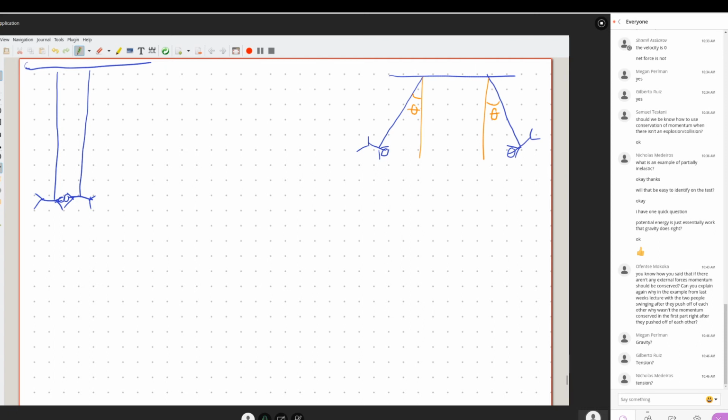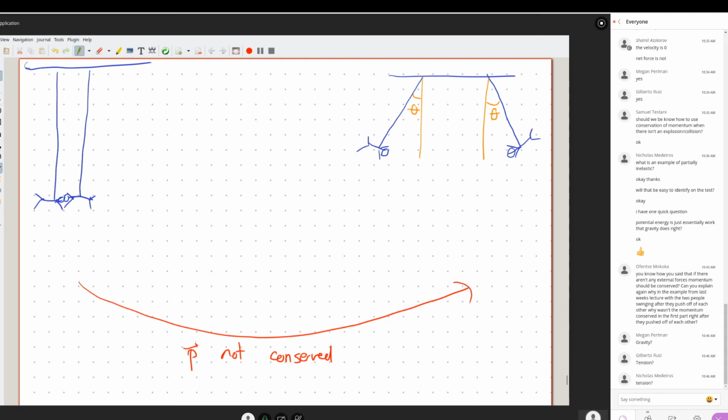Both of you are right. Gravity is changing their momentum in the y direction, and tension is changing their momentum in both the x and the y directions. So momentum is not conserved from there to there.